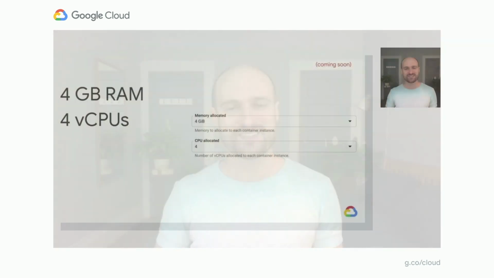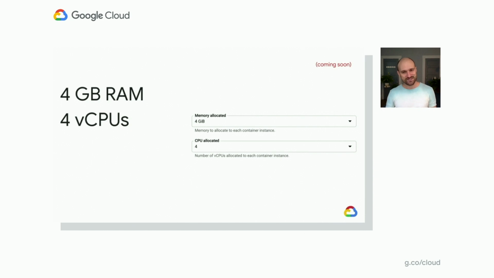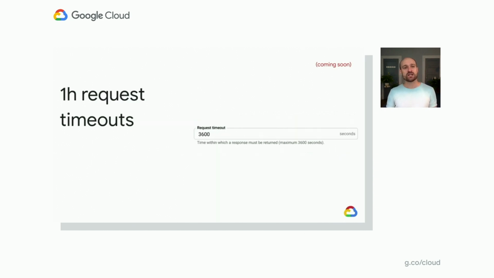So first, we heard you want more RAM, you want more CPUs. So you can now go up to 4 gigabytes of memory and 4 vCPUs. In a very similar fashion, in the past, you were limited to 15 minutes of request processing time. We are now extending that to an hour. So you can process things up to 1 hour on Cloud Run.